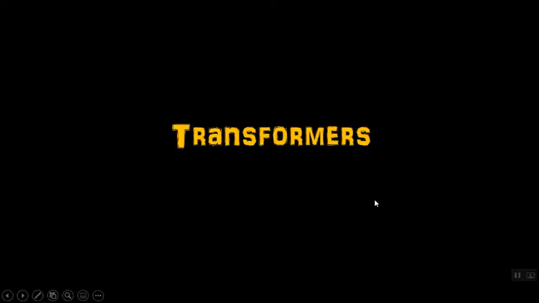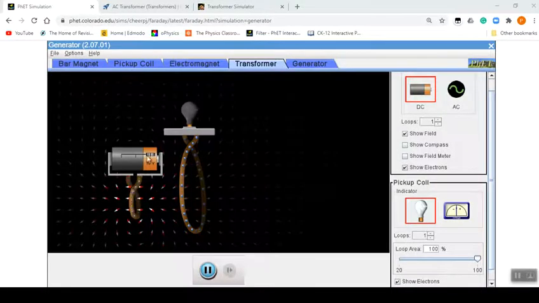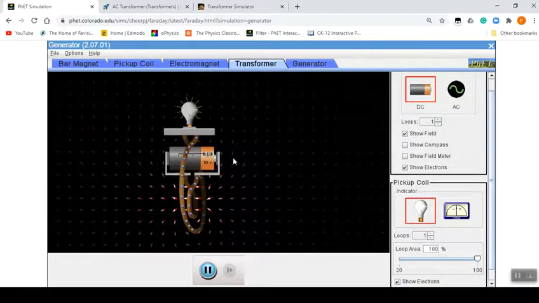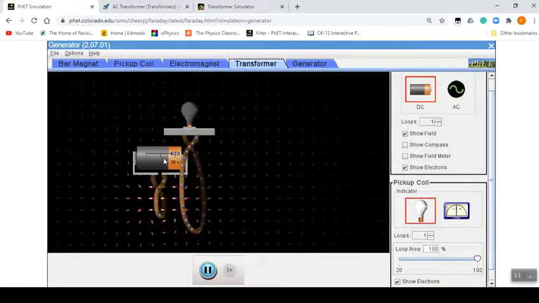So transformers work as follows. If I look at this, I have a battery that has a current, and I've got another coil that has a lamp. If I move the two through each other, I get a current induced inside the lamp.